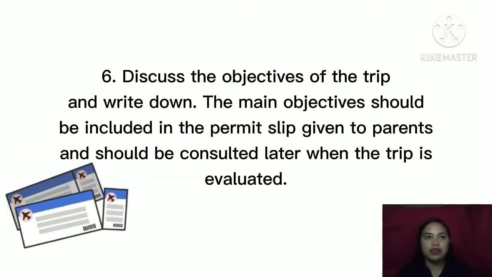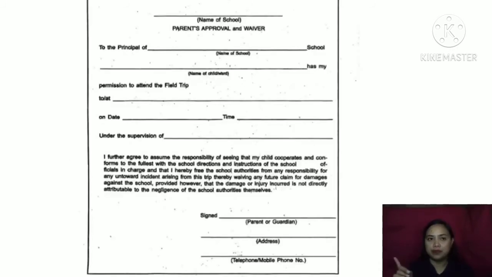Discuss the objectives of the trip and write them down. The main objectives should be included in the permit slip given to parents and should be consulted later when the trip is evaluated. Here is a sample of our permit slip. So you can see that it includes the name of the school, name of the child, the place, date, time, and which teacher will accompany them. And the most important thing included in the permit slip is the objective or purpose of the field trip, so that parents have an idea. Otherwise, when parents ask the child what they will do on the field trip, the child may not know.